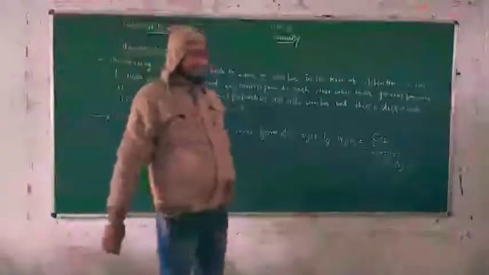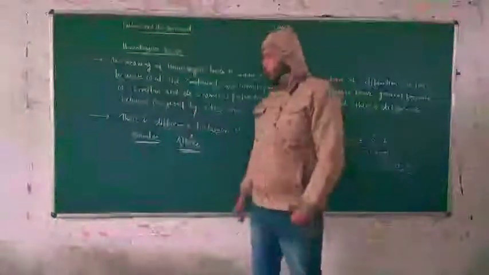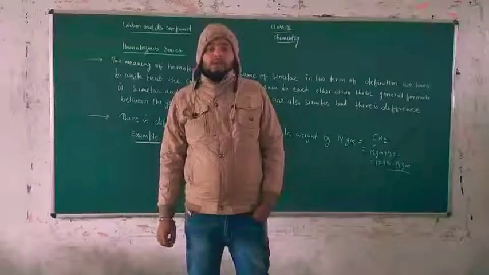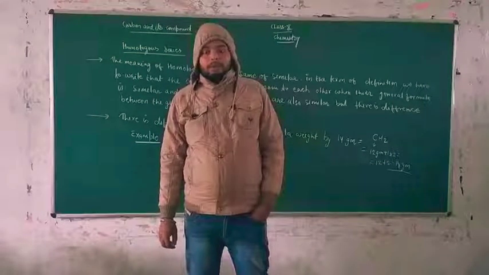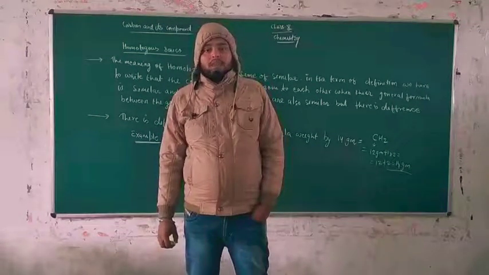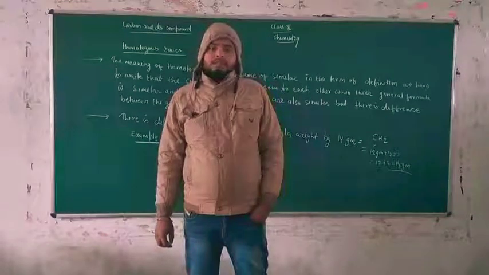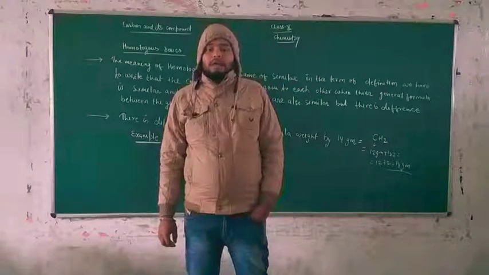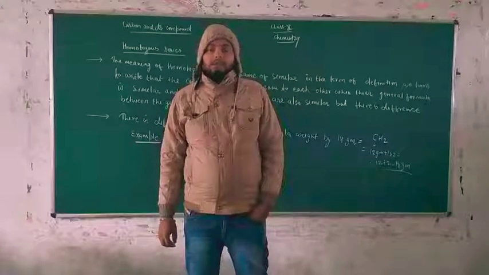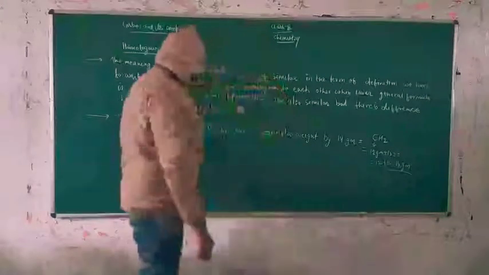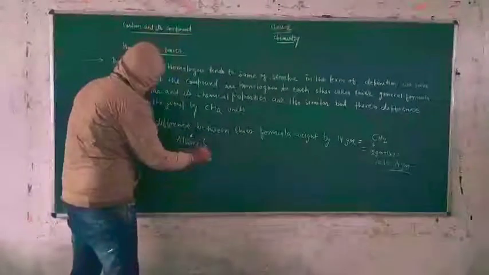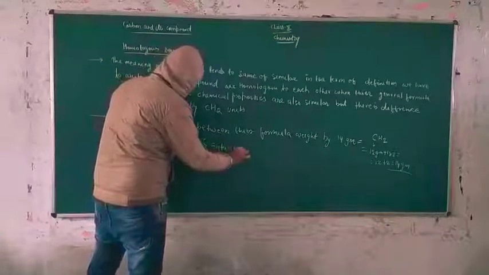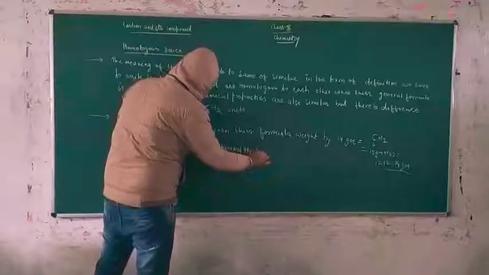You have to know the word alkane. Alkane is the word which tends to saturated hydrocarbon. That means the word is derived from saturated hydrocarbon, a hydrocarbon containing only carbon with single bond arrangement. That means alkane tends to saturated hydrocarbon.